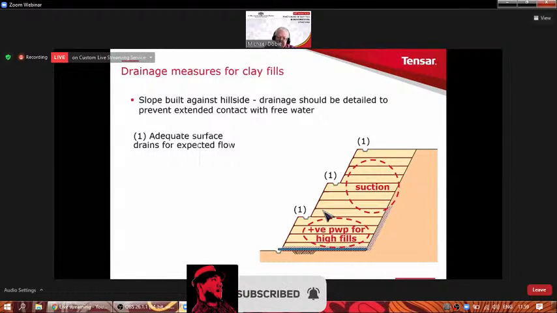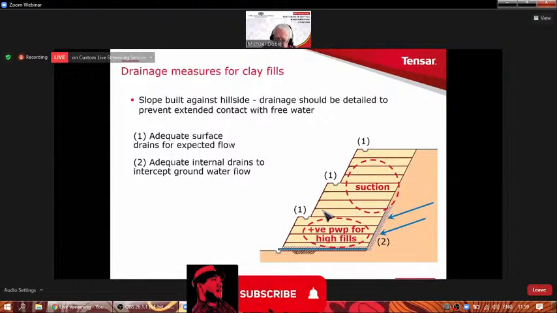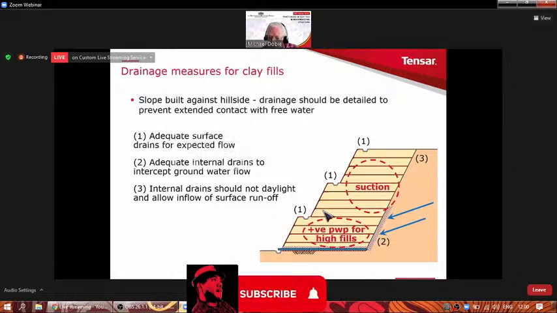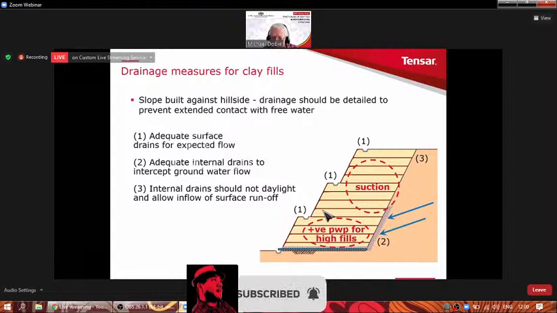If you have internal water flows, then it's best to intercept them with a gravel drain at the back and base of the reinforced soil structure, or the soil structure in general. That would be a very important detail. Again, possibly with an exit pipe to try to make sure that drainage layer remains empty. Also, when you have a gravel drain at the back of the reinforced soil block or the compacted fill, it should not daylight.